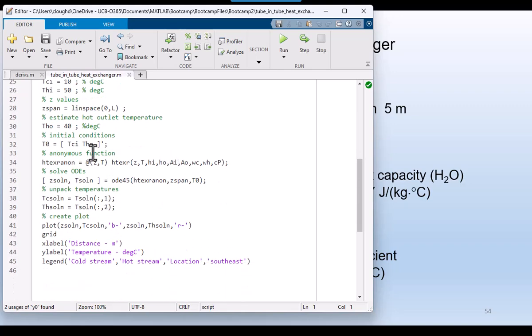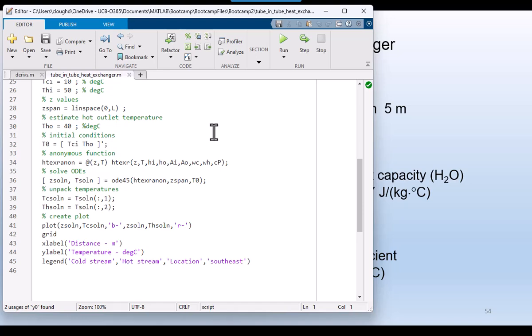We are estimating the outlet hot temperatures so that we can solve the equations forward. And then when we get to the end, we're going to compare what we get for the hot inlet to the requirement of 50 degrees.